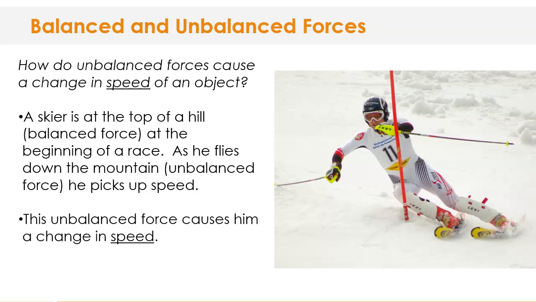And so these unbalanced forces, these forces that don't have another force that is equal in size working against it or in the opposite direction, when this force is stronger than the other forces working in the opposite direction, then that is going to cause the skier to speed up and gain speed as they head down the hill.